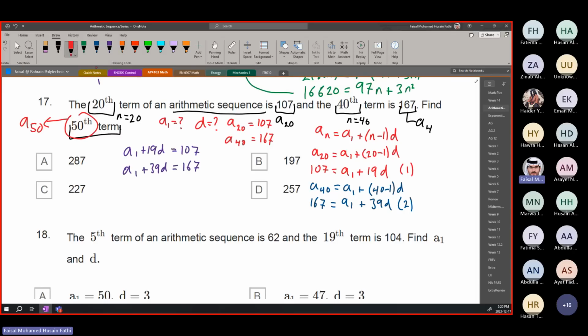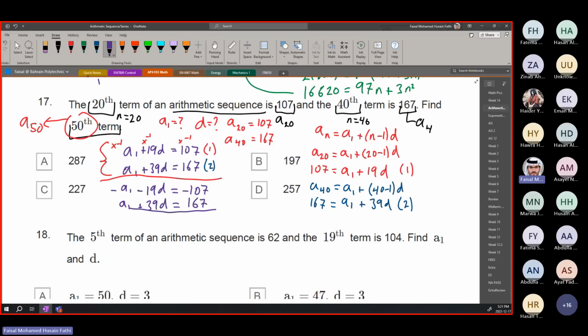This is our equation 1, and this is our equation 2. Obviously, we have to multiply one of them by minus 1, so I'm going to multiply the top one by minus 1. So minus A1 minus 19D is equal to minus 107, and A1 plus 39D is equal to 167.